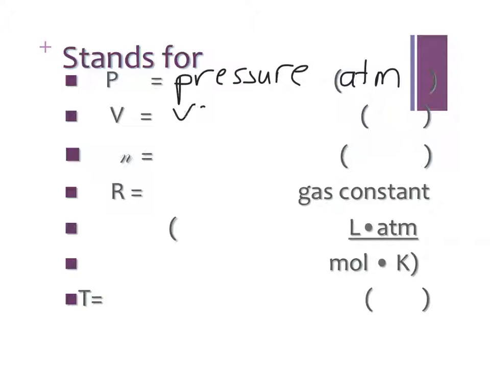V is volume. Now in our other gas laws it didn't matter if it was in liters or not, but you'll notice from our constant here it is in liters, so that is going to require you to switch that. Remember that's 3 spots to move the decimal if needed, since 1,000 is 10 to the third. N is your number of moles.